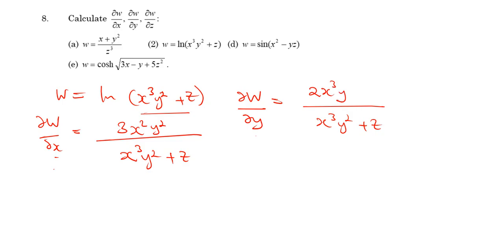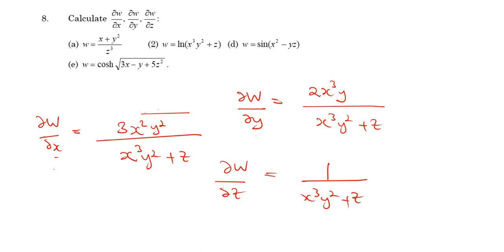The z there I won't touch because that has no y in it. I do the same now, partial of w, partial of z, and down there I get x cubed y squared plus z. Then I differentiate only the z, and I'm going to get 1 there. So I found those partials that I'm looking for.